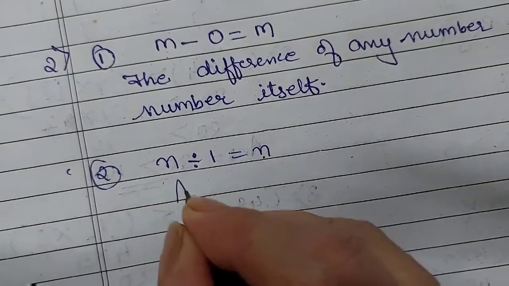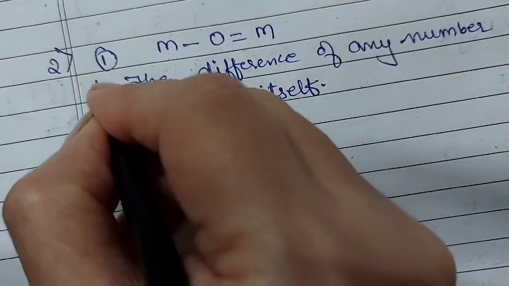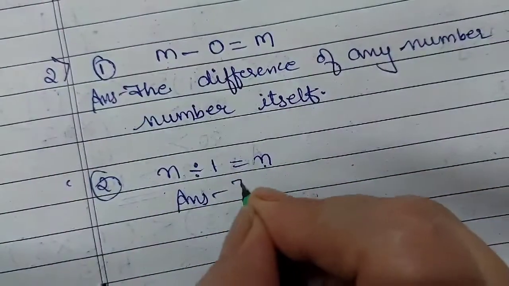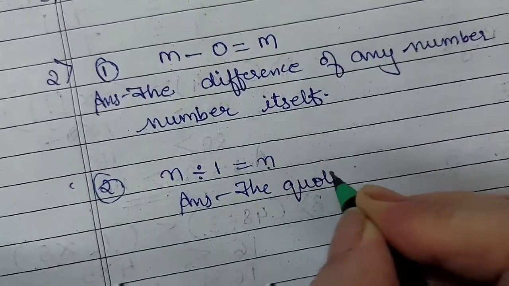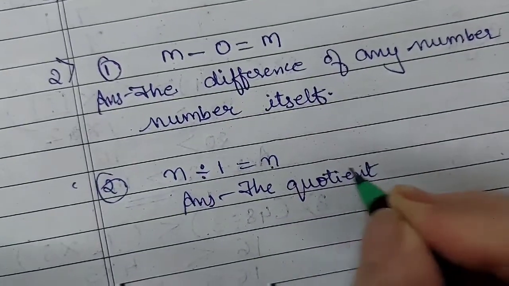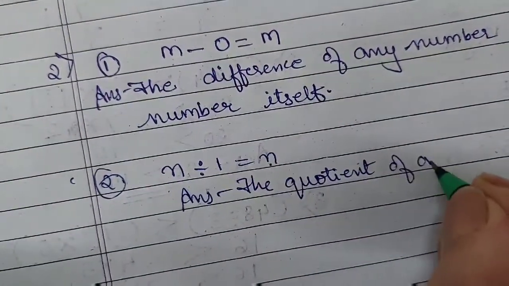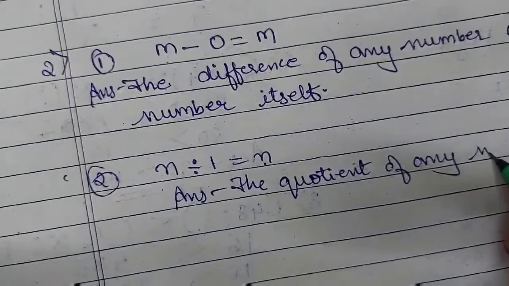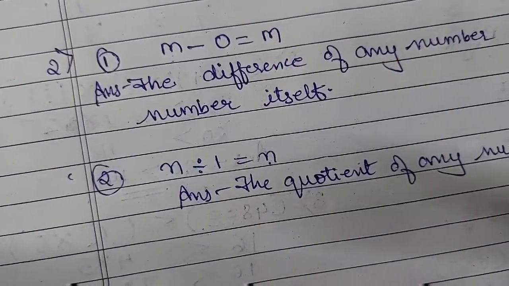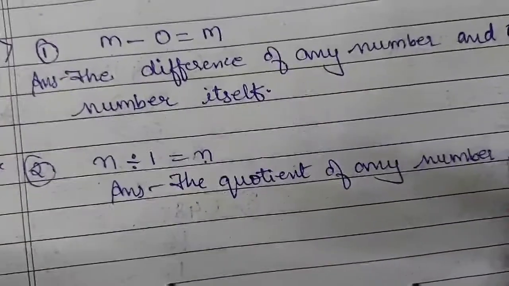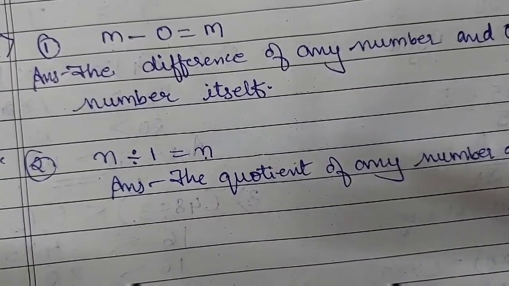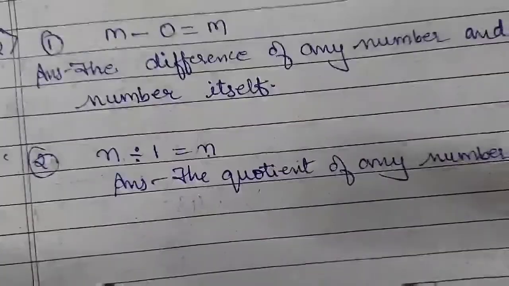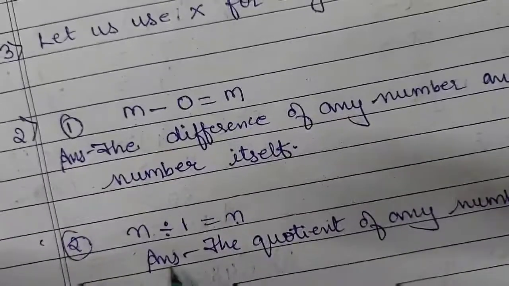So we can write the answer: the quotient of any number divided by 1 is the number itself.